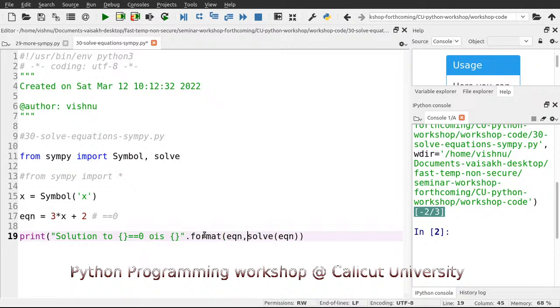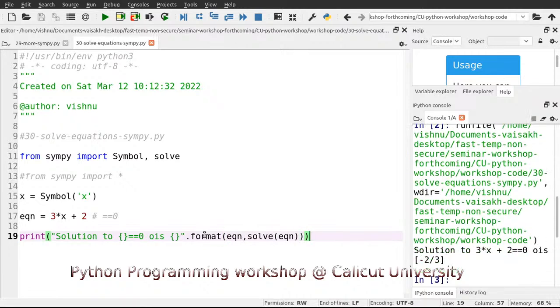Equation solution, so neatly formatted. 3x plus 2 equal to 0 is minus 2 by 3. See that solve actually gives a solution as a list.